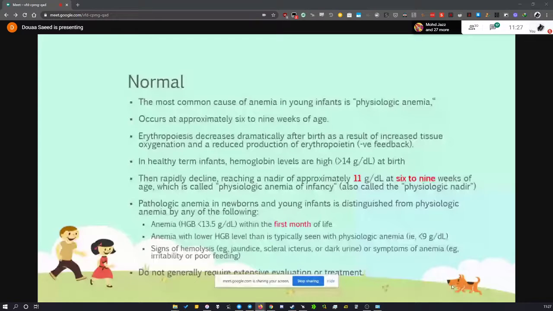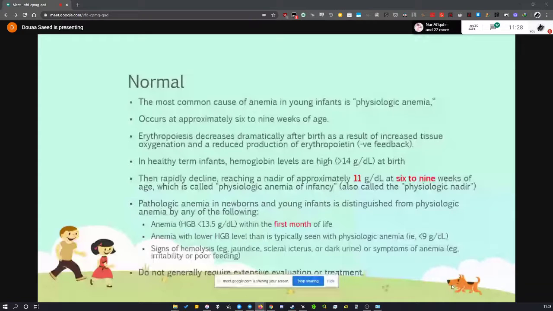How to differentiate physiological from pathological anemia: in pathological anemia, the hemoglobin is less than 13.5 within a month of life, which basically means that before the nadir point, there will be a reduction to less than 13.5.